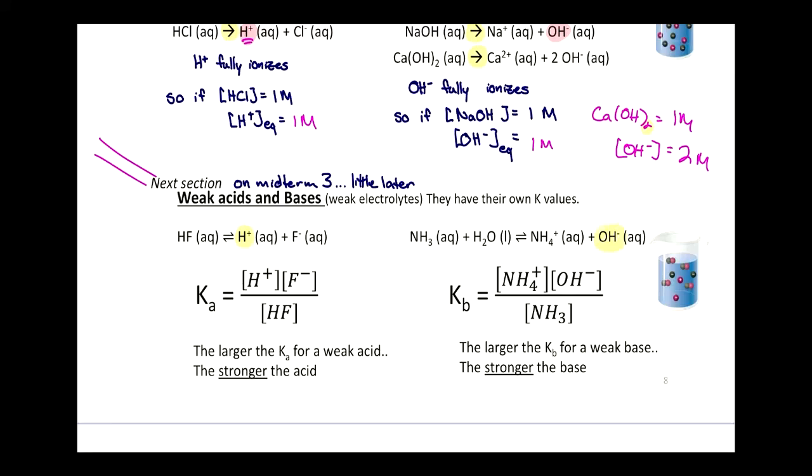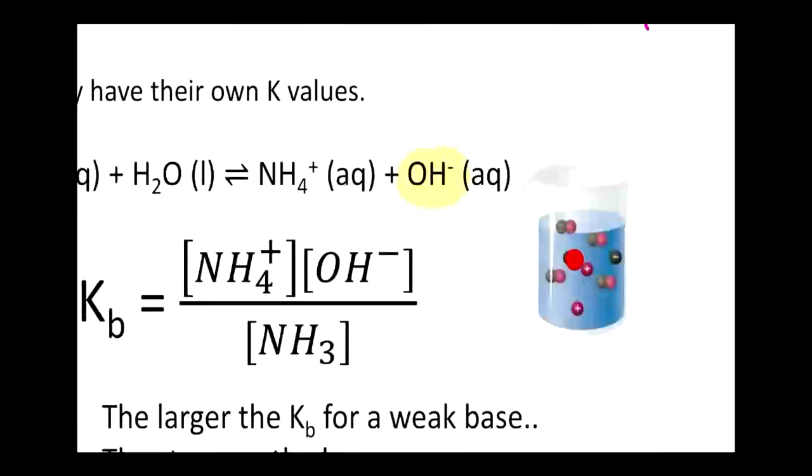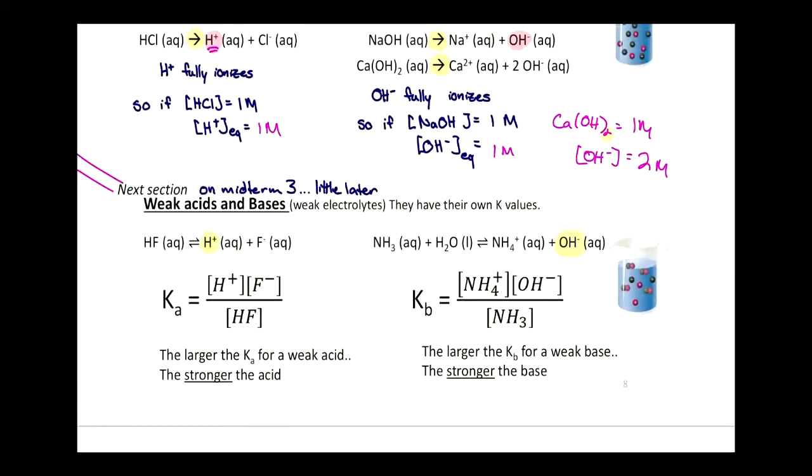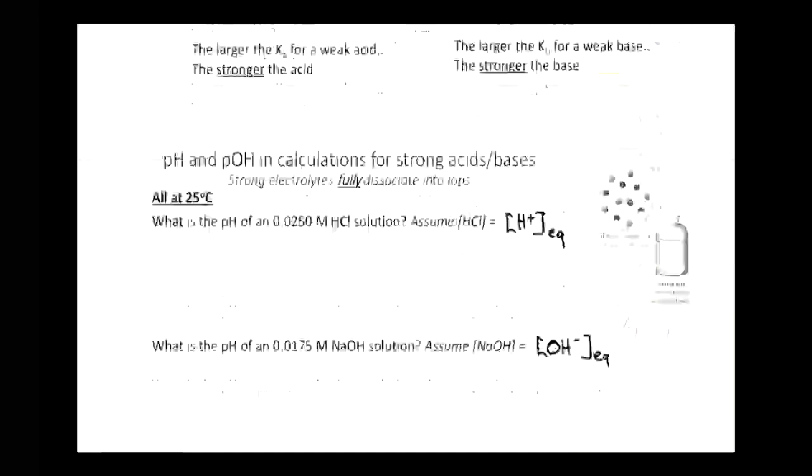They actually have K values that we will inspect a little bit further. We'll have to do ICE tables. So you can see here in this picture, this is a weak electrolyte because if you look closely here, it's not fully ionized. There are some intact particles still there, but some ions as well. And the extent that this happens is dictated by the magnitude of those Ks. But again, we'll talk about that later. We'll focus on strong acids and strong bases.